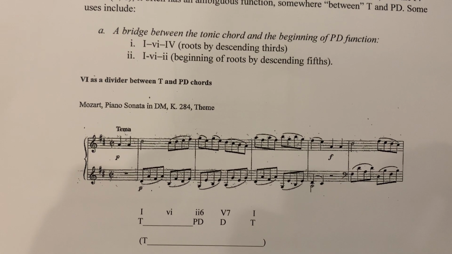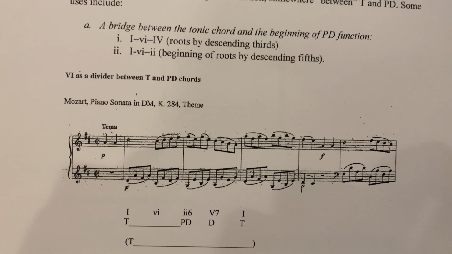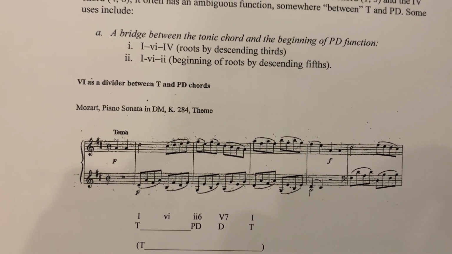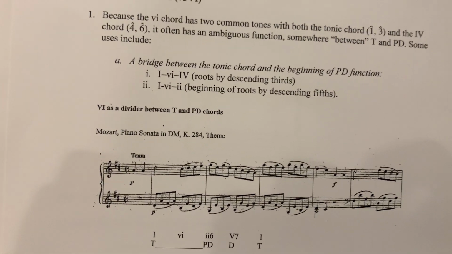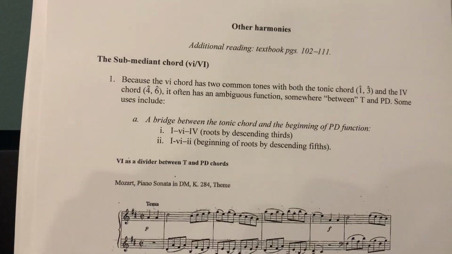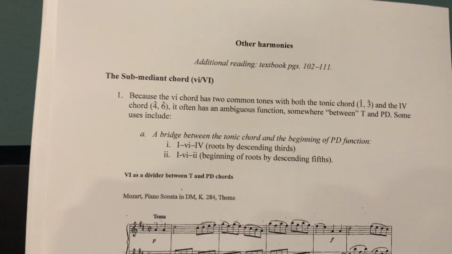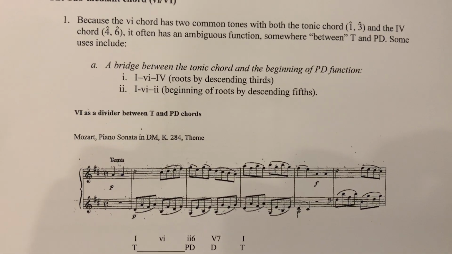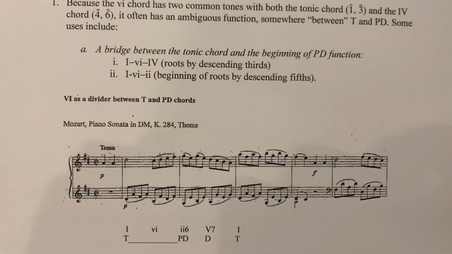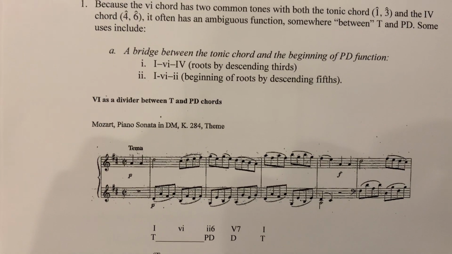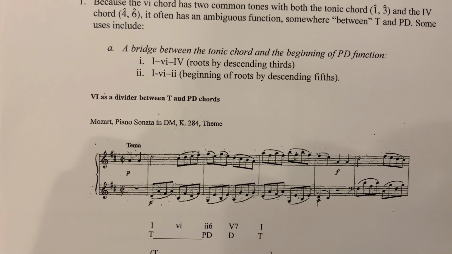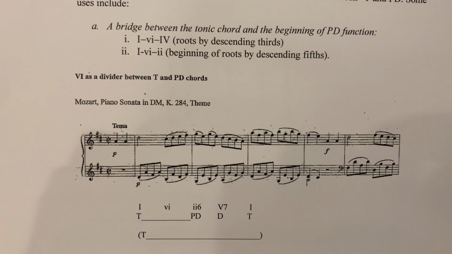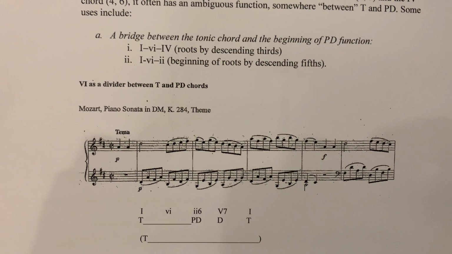So the two progressions that you might encounter would be 1, 6 to 4. That would be roots by descending thirds. So 1, 6, 4. Or you could go, of course, to an even stronger predominant. 2 is a stronger predominant than 4, and in this case, moving by descending fifths. This is what I associate a little more with jazz, but you can also, of course, use the 2-6 chord, which would have the same scale degree 4 in the bass.